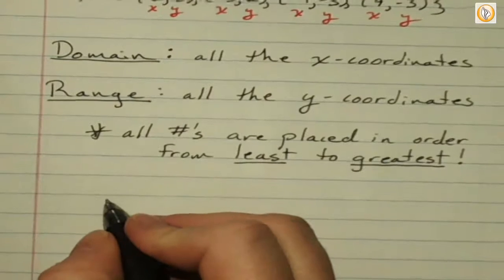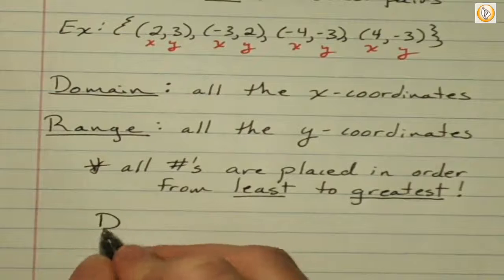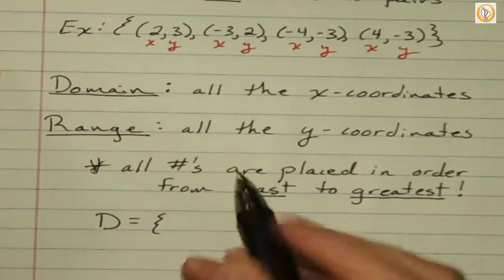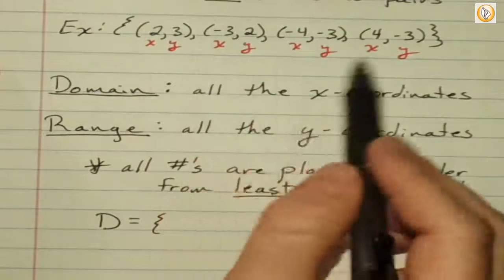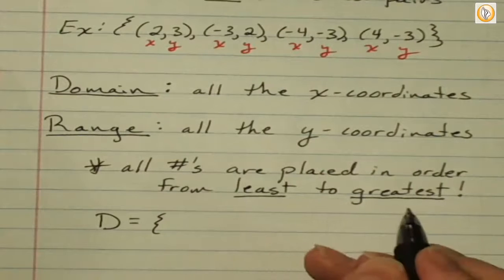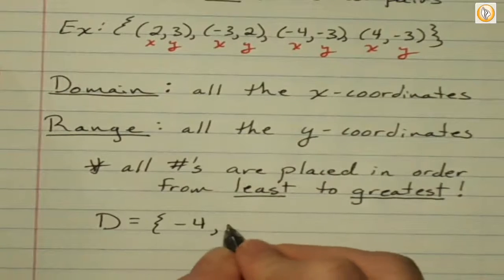All right, so let's look at our setup here. Our domain is what, Atalia? Looking at your set, 2, -3, -4. Least to greatest. Okay, -4, -3, 2, 4.